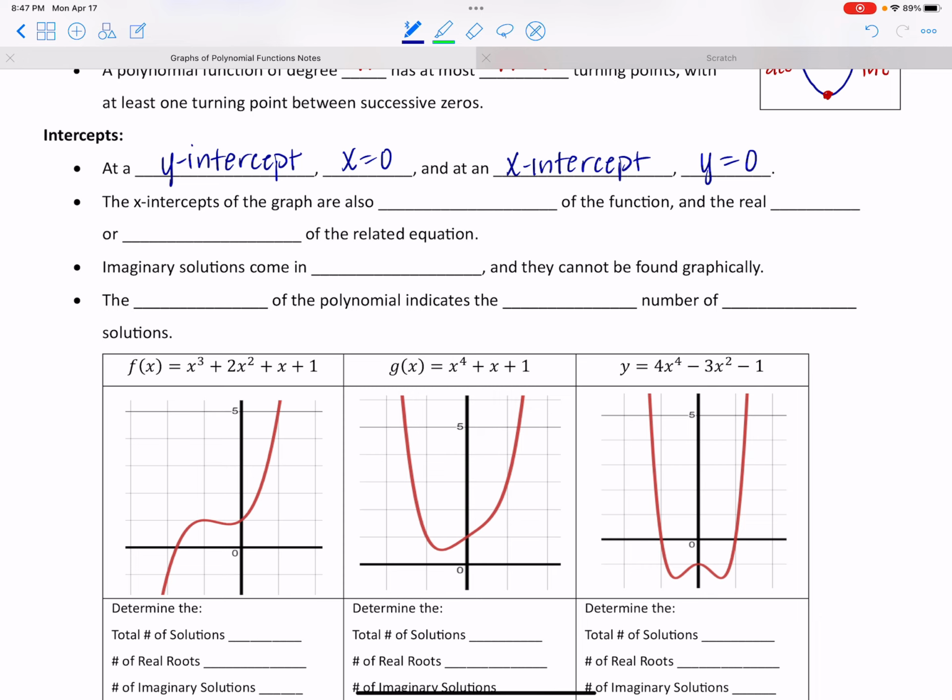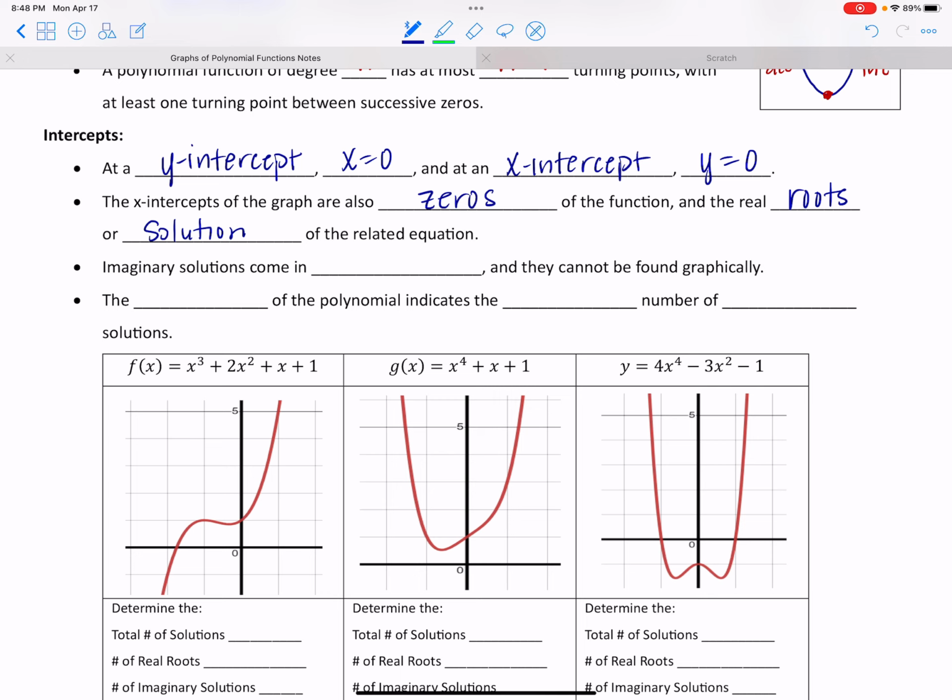And we talked a lot in the previous topic about x-intercepts and ways to find them. The x-intercepts of the graph also represent the zeros for the function, right? Those are the x values we could plug in to get 0 out as the function value. They also represent the real roots or solutions to the related equation.